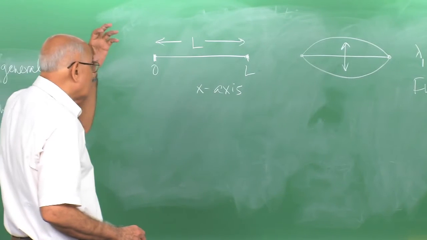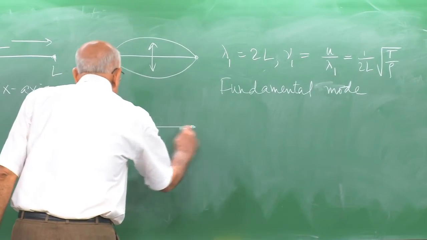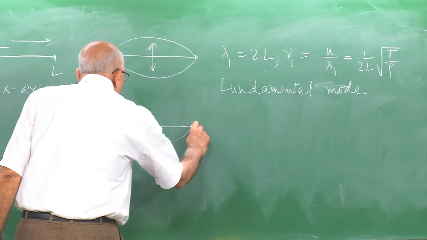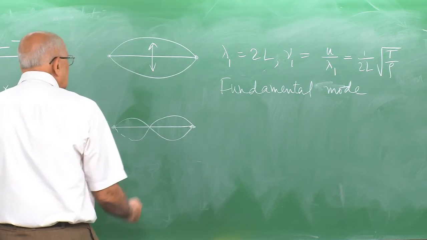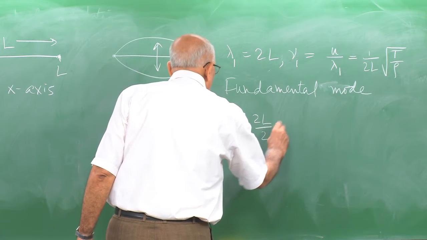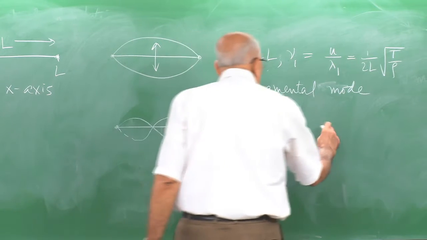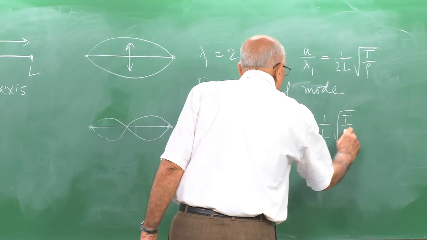Well, the next oscillation that is possible has a geometry like this. Here is a full wavelength, and then at the other end of the oscillation it looks like this. So here lambda 2 equals 2L over 2, which is equal to L itself, and nu 2 equals 1 over L root T over rho.